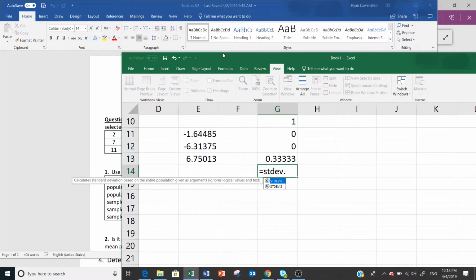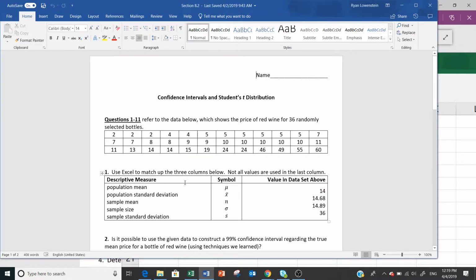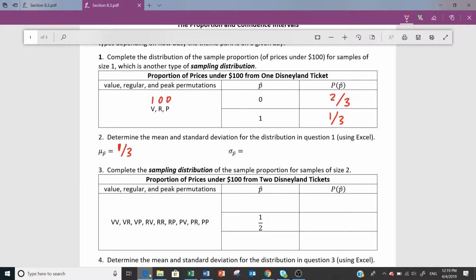And then how do I find the standard deviation? STDEV. Okay, this is the tricky part. Is it S or P? We have all the samples though. P. So .P. And then when we highlight all the values, we end up with 0.471.